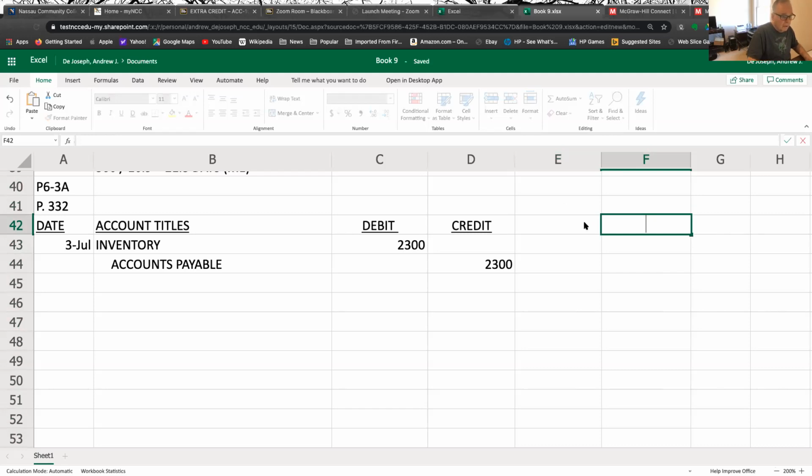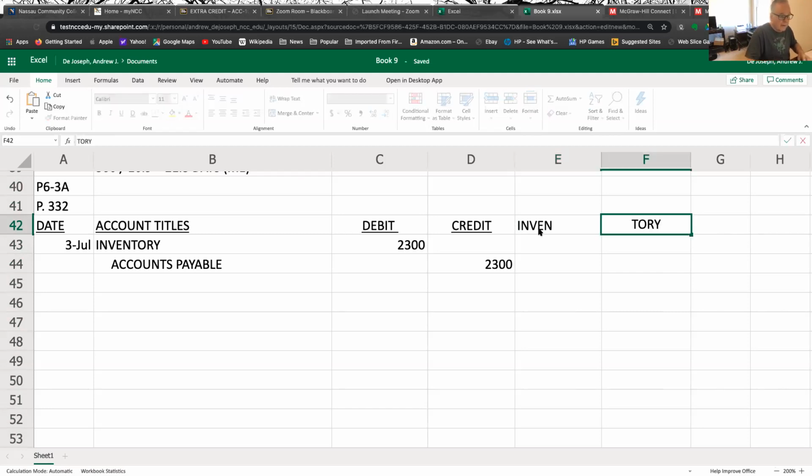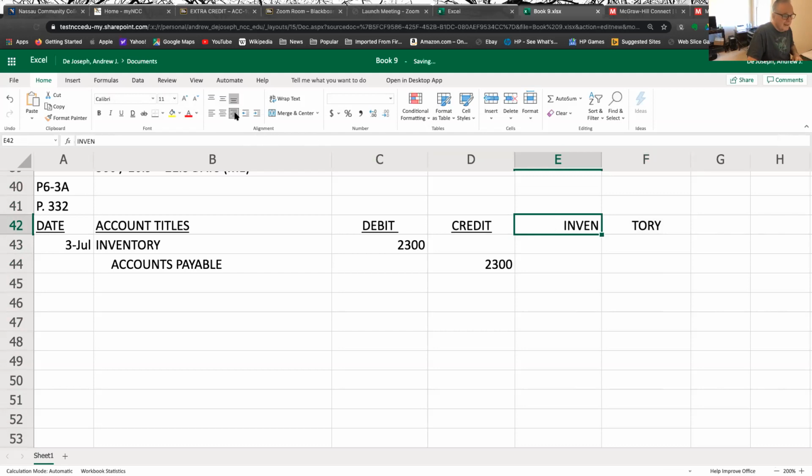I want to call this inventory. Inventory, right? Kind of an awkward way of doing it.